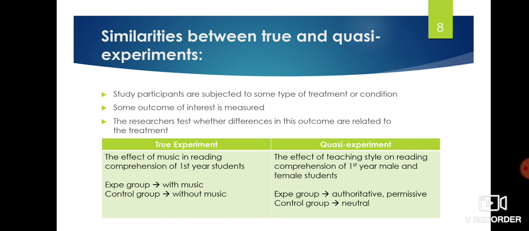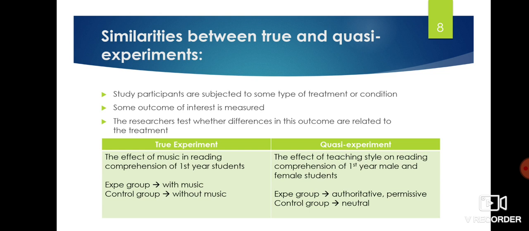In quasi-experiment, for example, the topic is the effect of teaching style on reading comprehension of first-year male and female students. So, in experimental group, meron tayong treatment condition na pwedeng yung teaching style is actually number 1, authoritative, and then number 2, permissive. Kung makikita nyo, yung control group niya is pwedeng neutral. Hindi authoritative, hindi permissive. Andun siya sa gitna or nandun siya sa average. Meron din siyang control group.